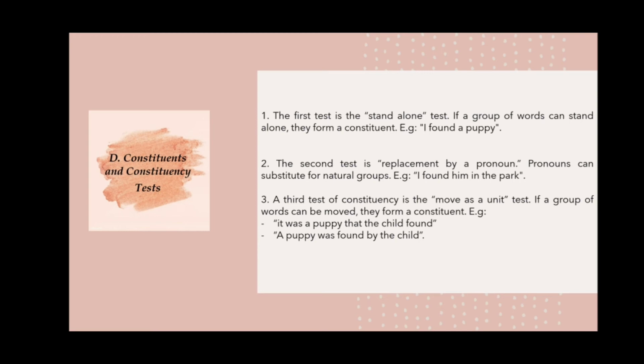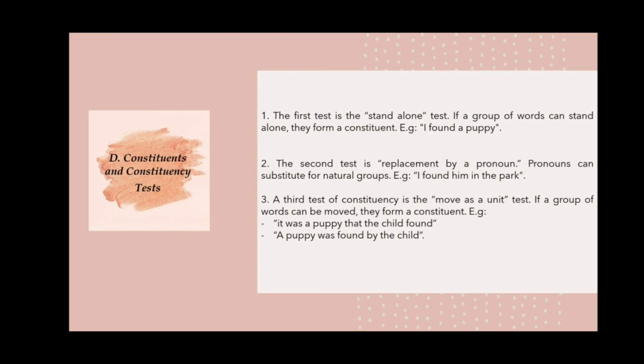To clarify this part, I want to give an example. That is, I found a puppy. If there is someone ask, what did you find? A speaker might answer a puppy, but not found, because a puppy can stand alone, while found cannot.